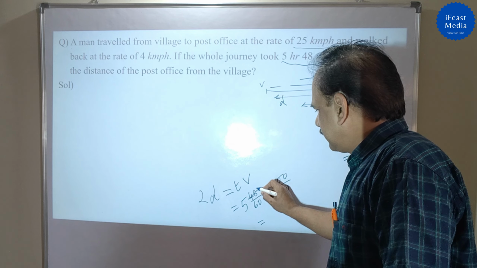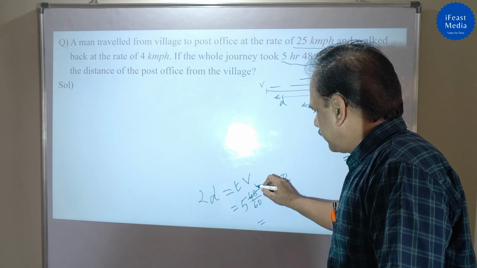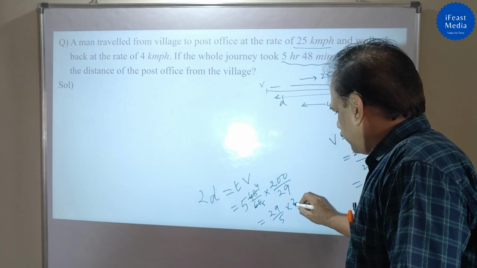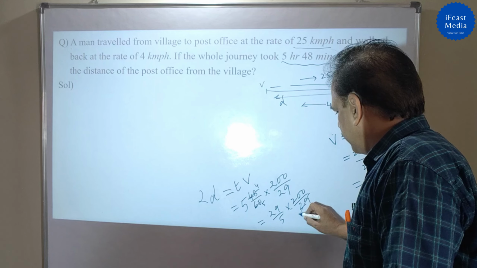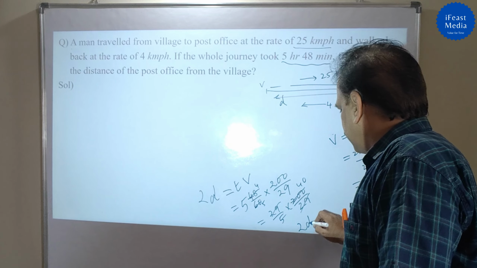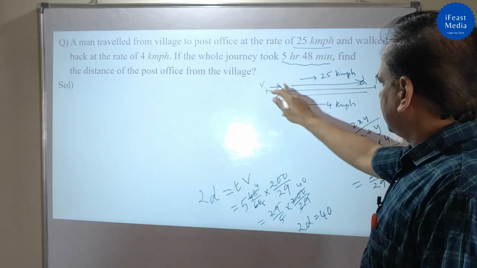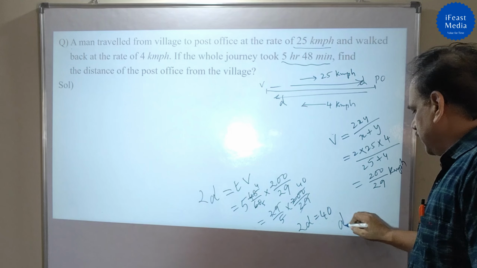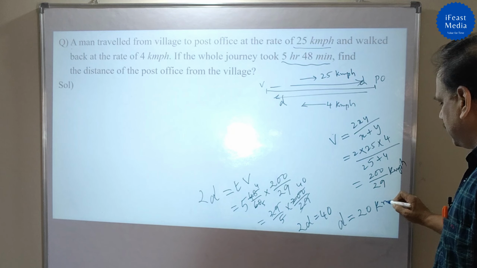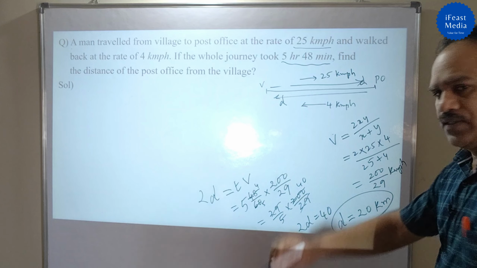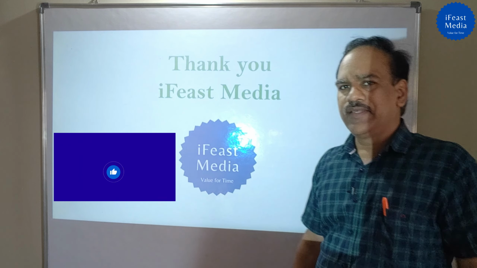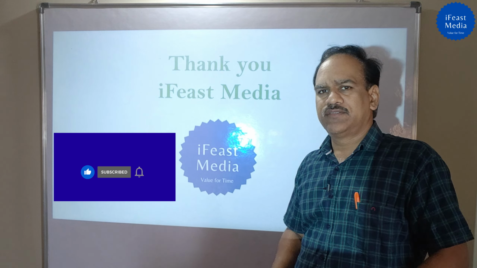So 12 goes 4 times, 5 times, 29 by 5 into 200 by 29, 29 gone, 40. So 2d equals 40. The total distance covered to and fro is 40. The distance between village and post office is 20 kilometers. Okay. So that is the end of time and distance.